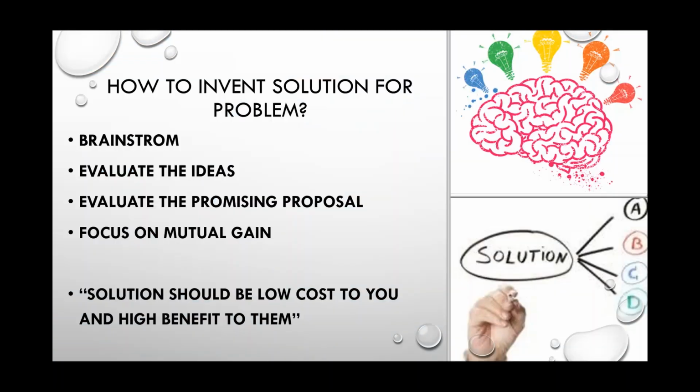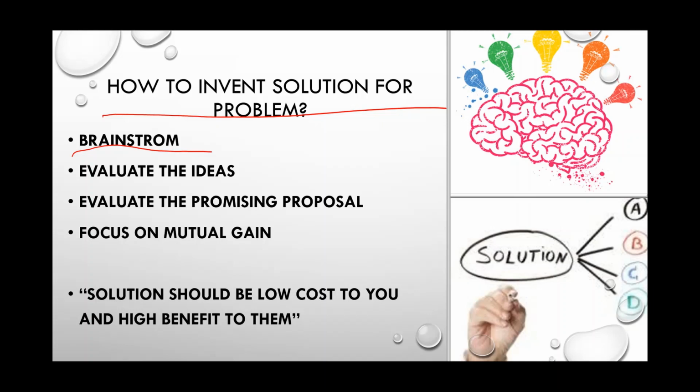Now the question is how to overcome the problem, or how to generate the maximum possible solutions for a given problem. The first way we can do is brainstorming, that is discussing with the other party or with the people whom you know to get the maximum possible solutions for a given problem.